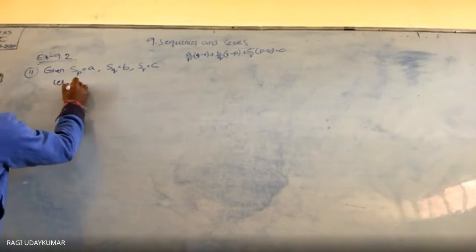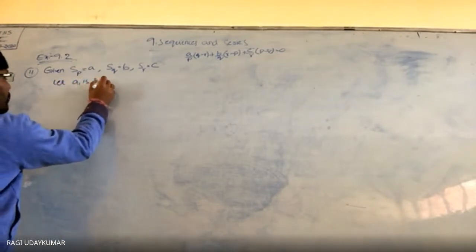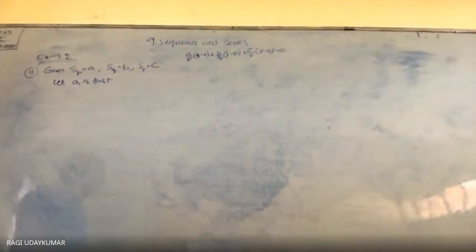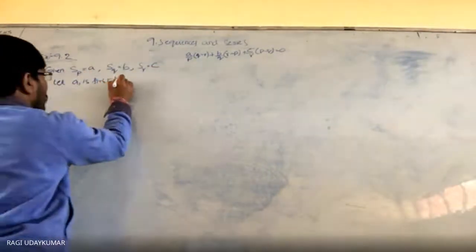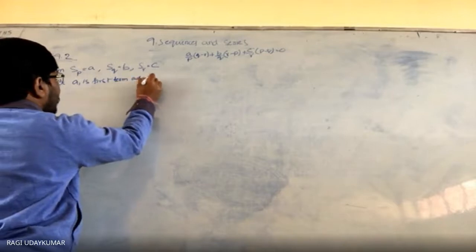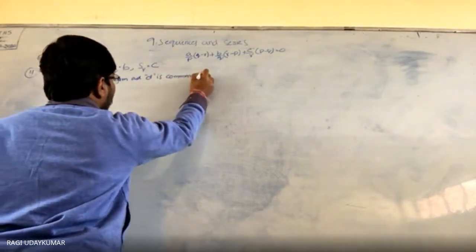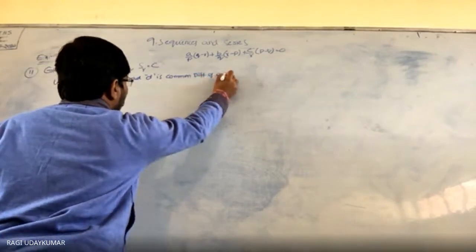Let A1 is the first term, because already A is given to you here, or capital A you can take into consideration. A1 is the first term and D is the common difference of the arithmetic progression.